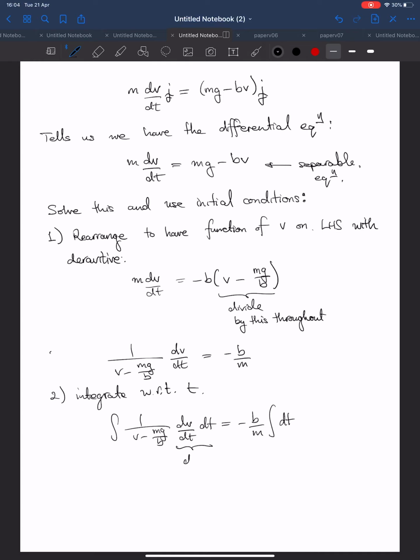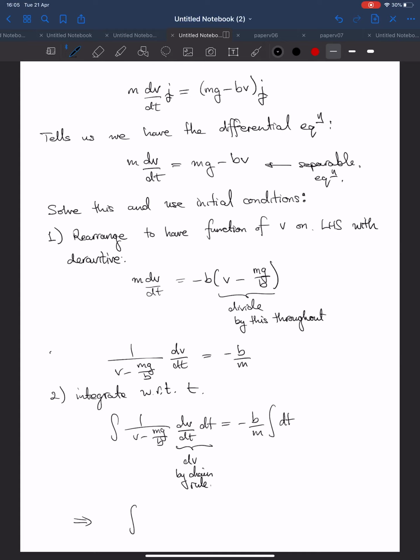This we know after 1 million times is just dv by chain rule. This here on the right, well, that's just really easy because it's the integral of 1. So I don't need to underline that. Just move to the next line.